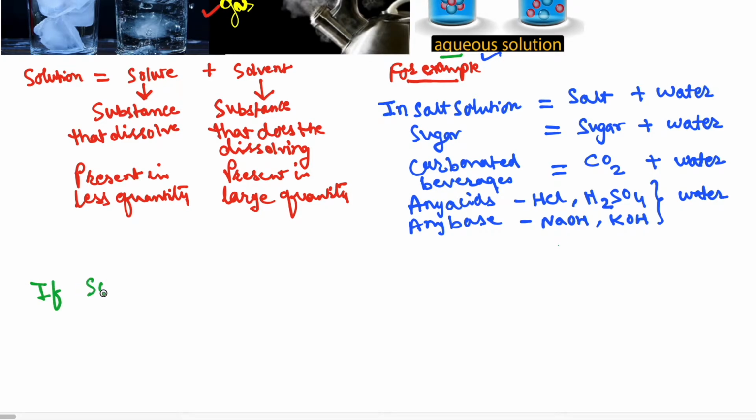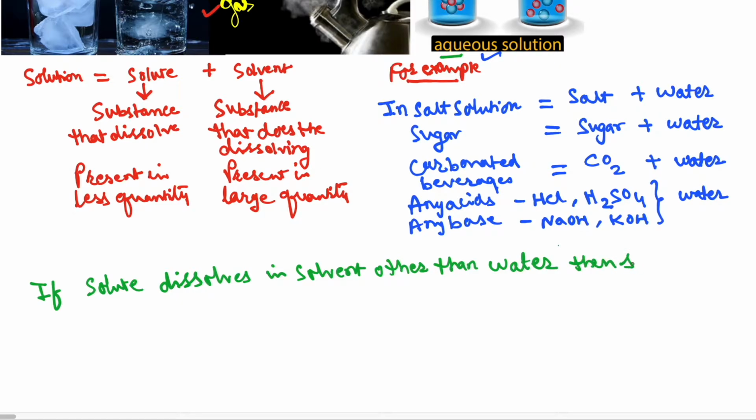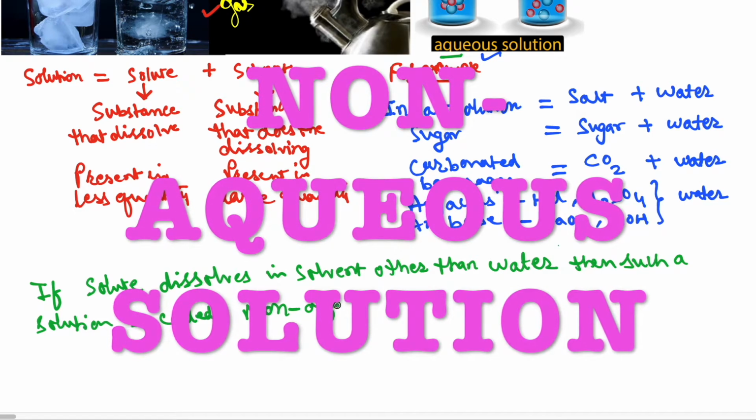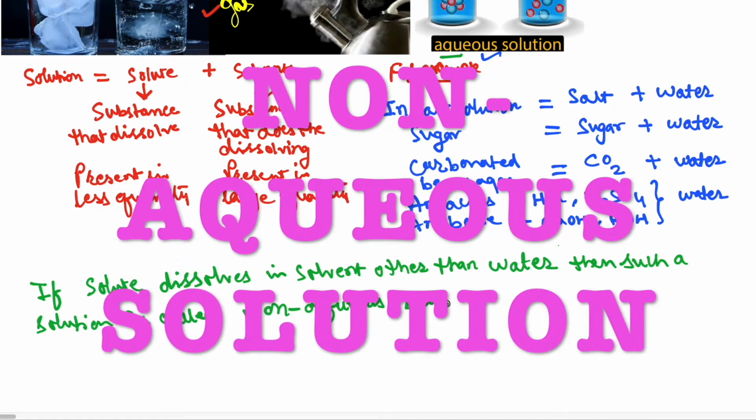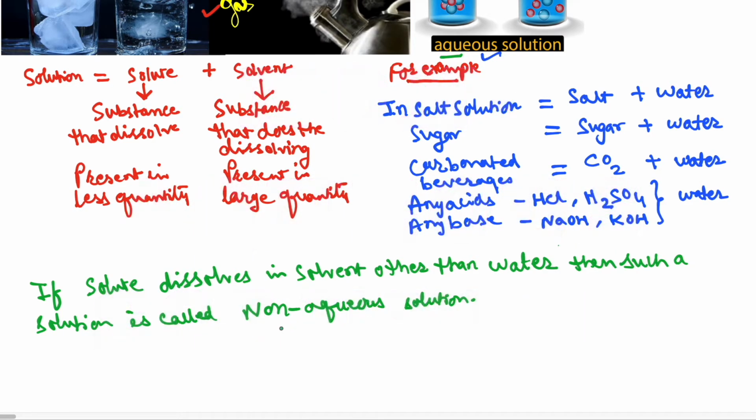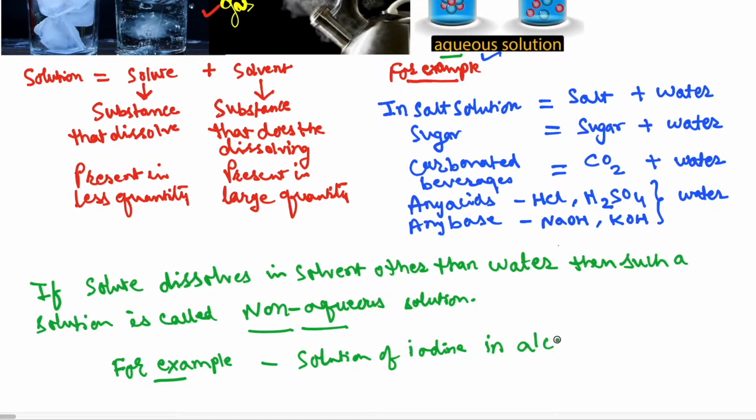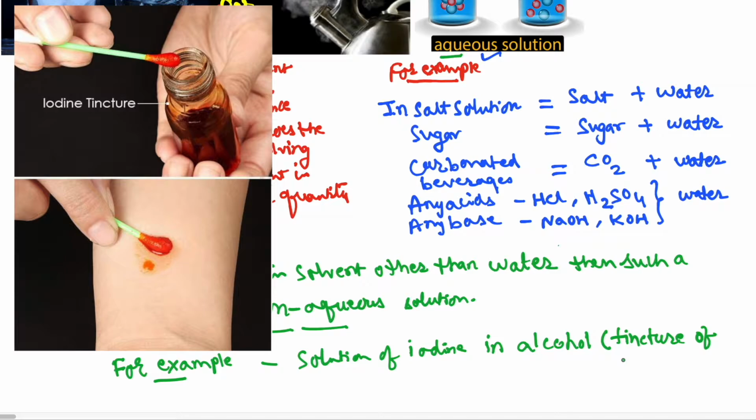If a solute dissolves in a solvent other than water, then such a solution is called a non-aqueous solution. Means no water. For example, a solution of iodine in alcohol, which is also known as tincture of iodine.